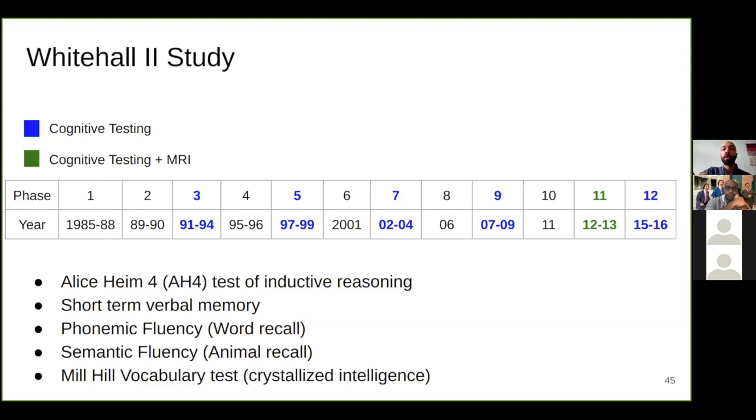And an important and very unique feature of this data set, again, that I want to highlight is the retention rate over such a long period of time. It's around 80%, which I think is remarkable for such a large number of subjects over such a long period of time. So it's a very unique data set in that way.